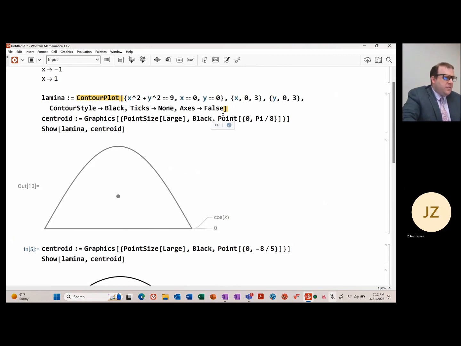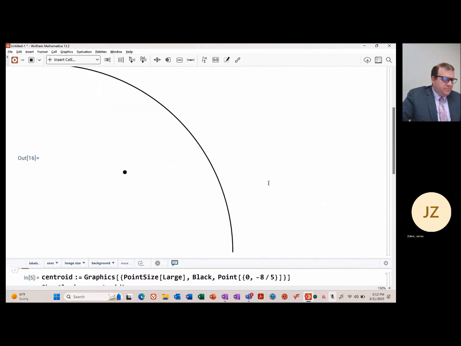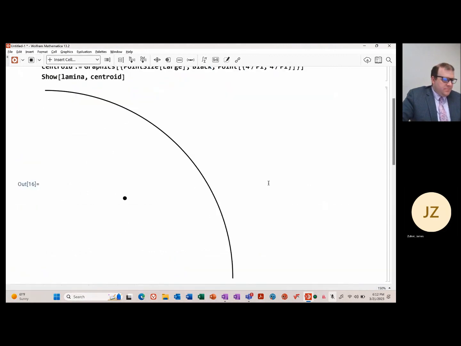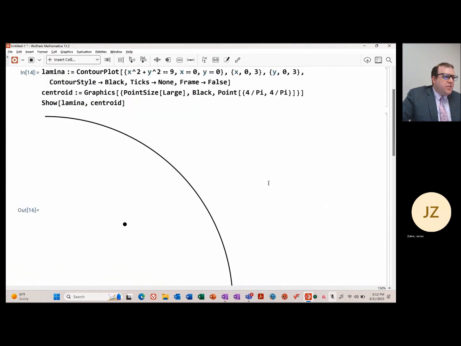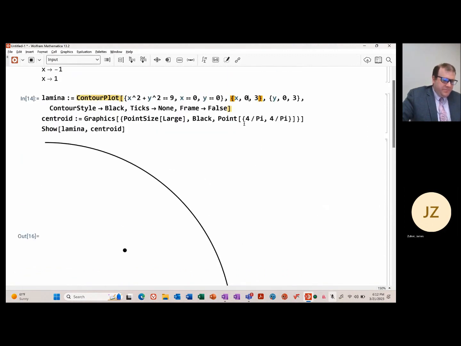Set here. That string to false. Oh, bugger. I forgot contour plot doesn't.